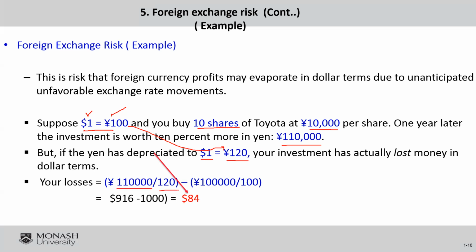Your investment now equals only 916, while you invested 1,000. At the end of the day, you made gains, and Toyota stocks did very well, but because of the exchange rate between the Japanese yen and the American dollar, you are actually making a loss of 84. This is what we call foreign exchange risk.